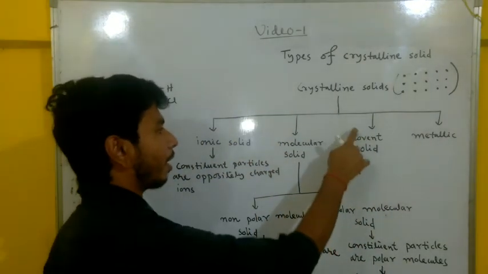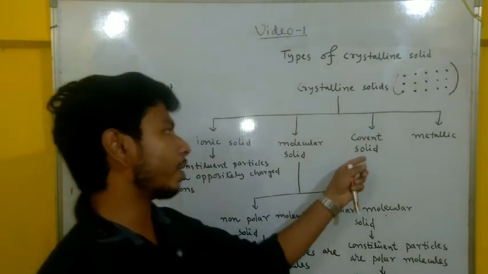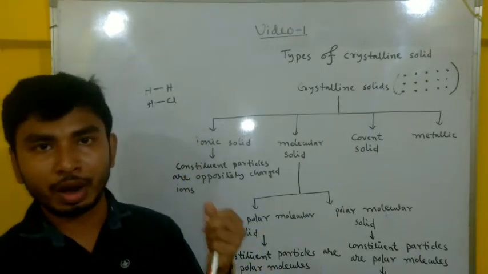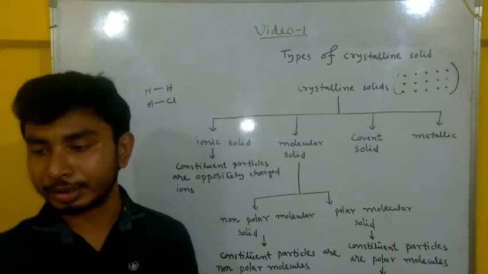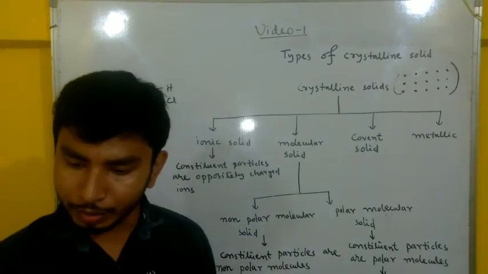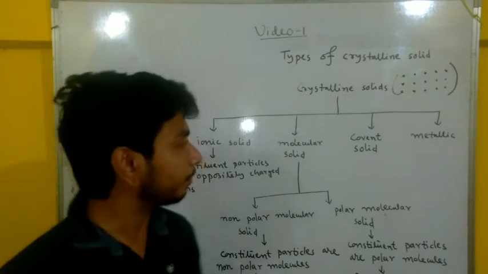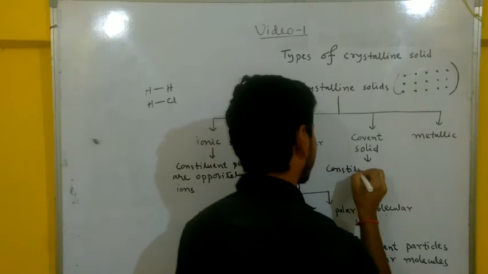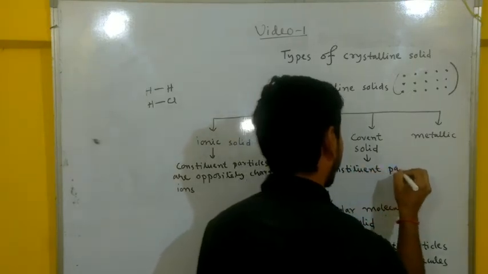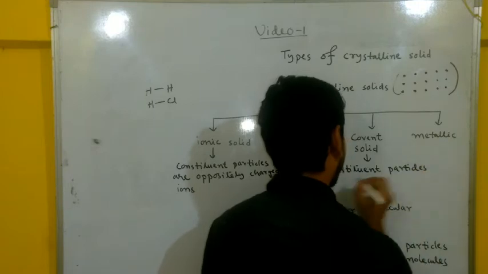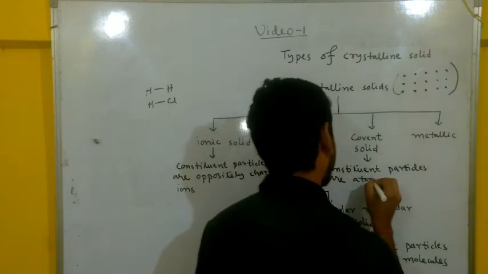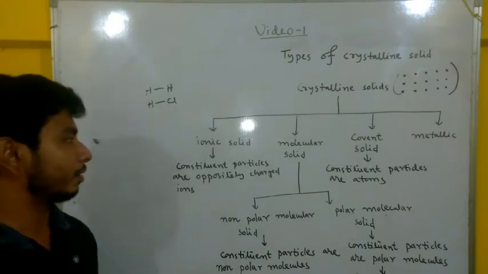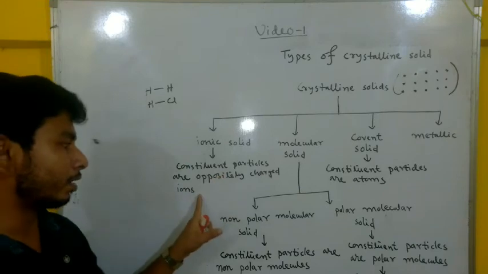Now come to the covalent solid. What is the nature of particles in covalent solid? In covalent solid, the constituent particles are atoms. So in ionic solid, constituent particles are ions.